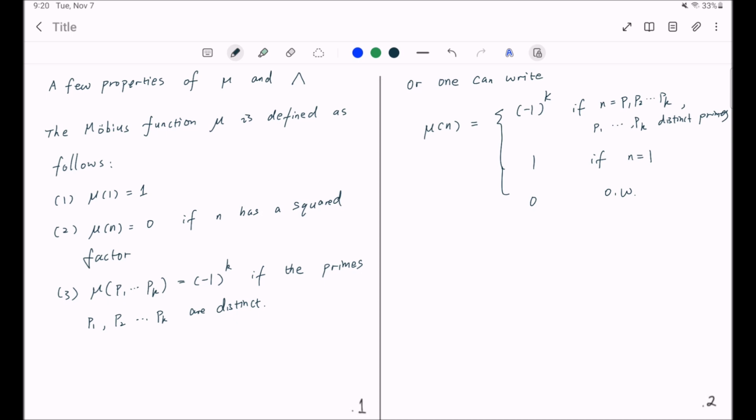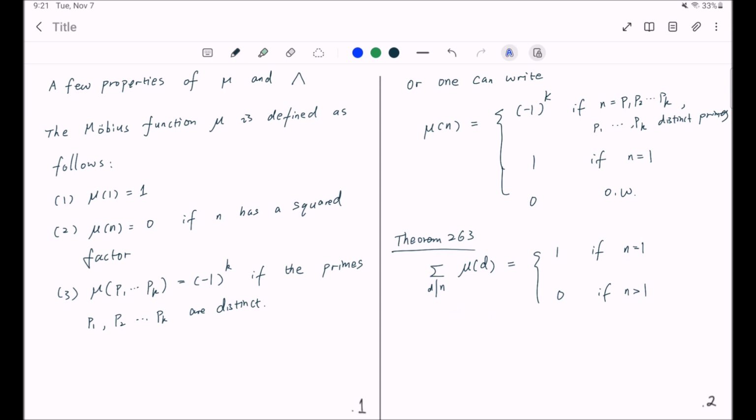Now let's talk about a few properties of the Mobius function. Again, we will use the same labeling as in Hardy's book. This property says, if you sum up mu of d, where d is a divisor of the integer n, then the sum is equal to 1 if the positive integer n is equal to 1, and 0 if n is bigger than 1.